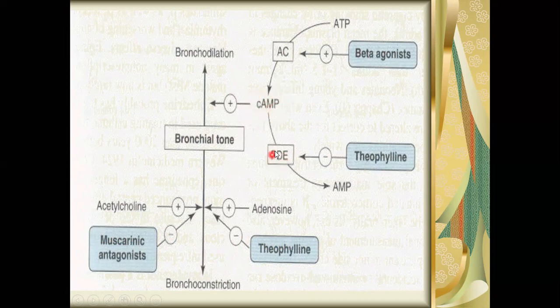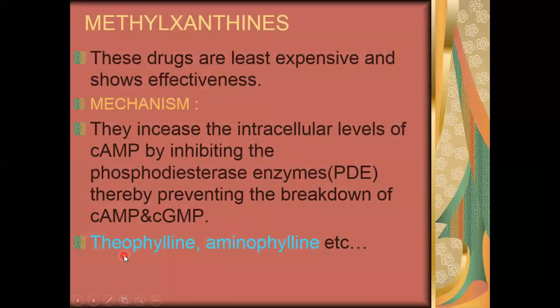So by inhibiting this phosphodiesterase enzyme, we can increase the cyclic AMP levels, and these increased cyclic AMP levels again activate the protein kinases and lead to relaxation of bronchial smooth muscles, causing bronchodilation. The main examples of this category are theophylline and aminophylline, etc.